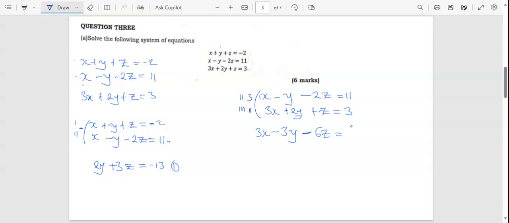Then is equal to what? That will be now 33. Then from there it will be just the same thing because it's multiplying by 1. So then plus 2y. Then that will be plus z now, plus z. I haven't done anything, I'm just distributing this one there. So that will be z. Then it's equal to 3.